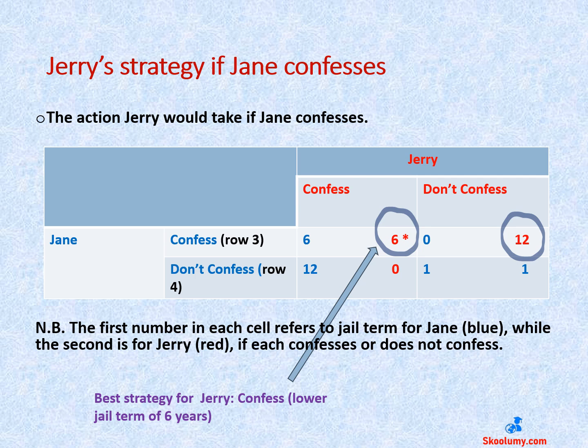Jerry's payoff is in red. If Jane confesses, but Jerry does not confess, Jerry gets a sentence of 12 years. Therefore, if Jane confesses, Jerry should also confess, because this will get him a lower jail term of 6 years compared to the 12 years he will receive, if he decides not to confess. The strategy of Jerry is to confess if Jane confesses.